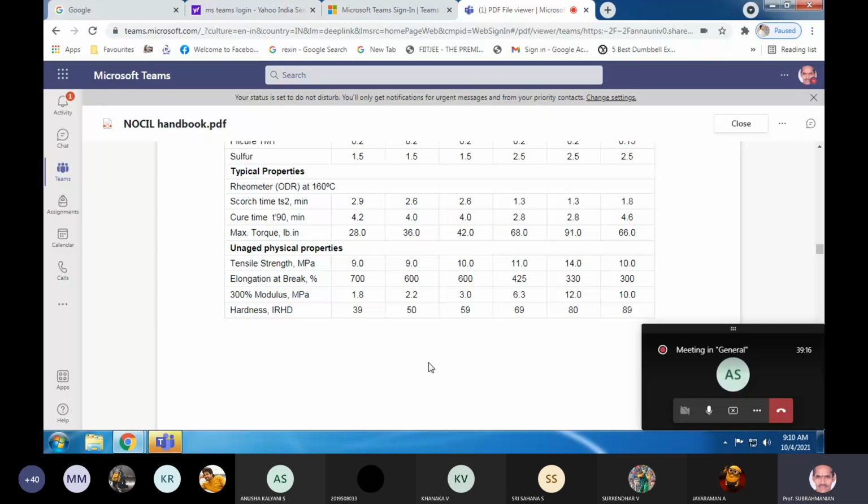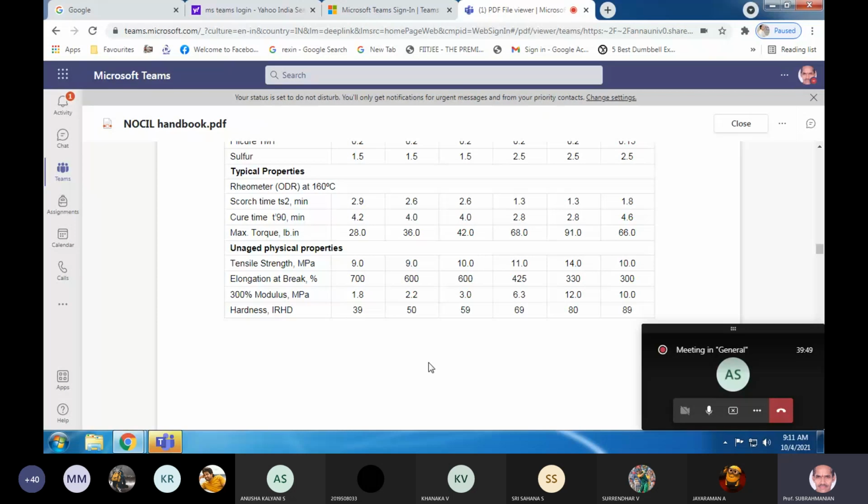Please note it is called T90. It does not say T100. Ideally, if it is completed, it should be 100%. But here we talk about 90%, meaning the 10% additional cross-linking will happen on storage or on removal.